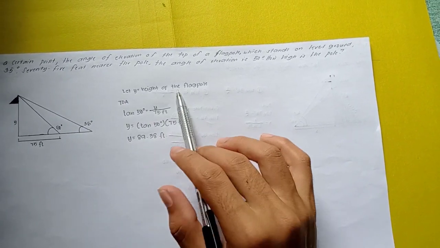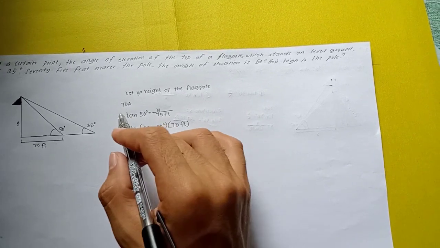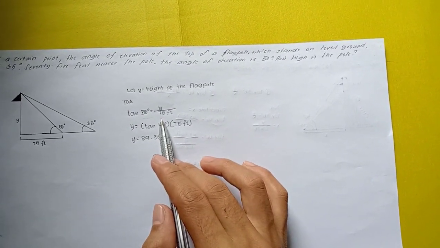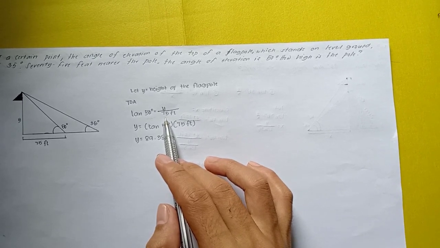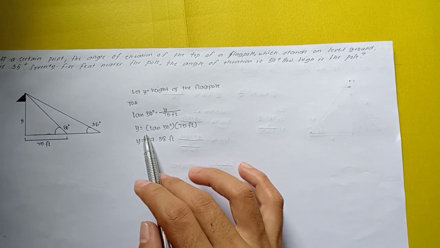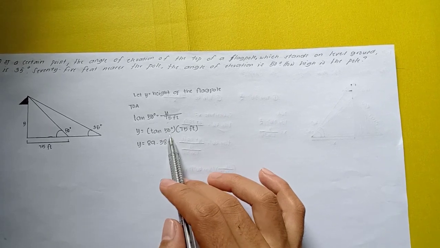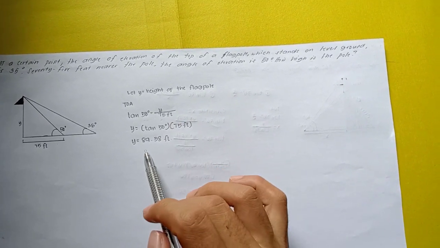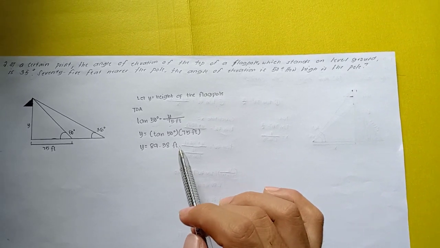So let y be the height of the flagpole. We will use TOA again. Tan 50 degrees equals y over 75 feet. Y equals tan 50 degrees times 75 feet. Y equals 89.38 feet.